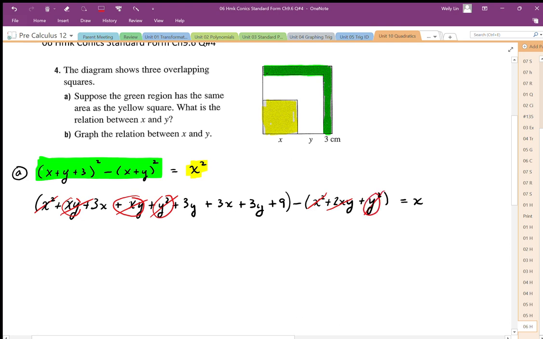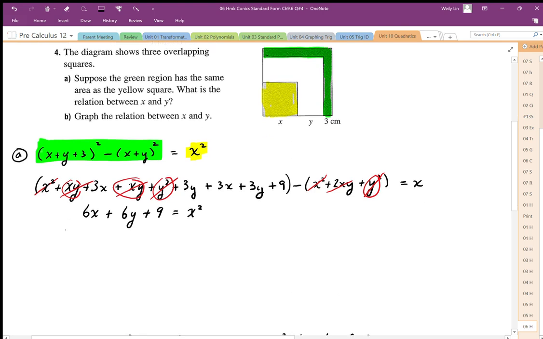So then I'll combine like terms on the left hand side. I'm going to be left with 6x plus 6y, it looks like, plus 9, and that's going to be equal to x squared.